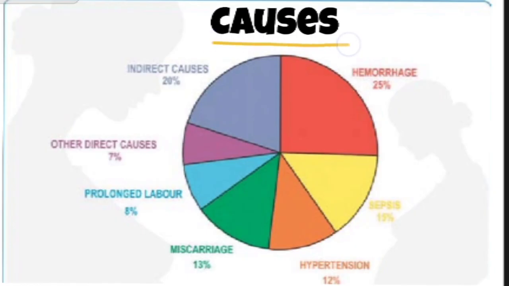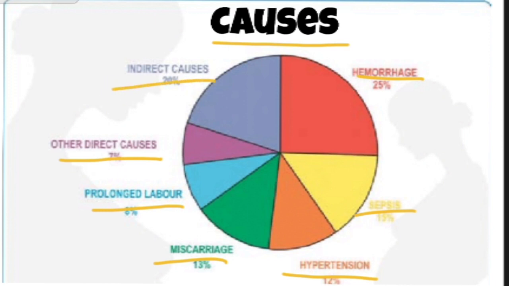Causes of MMR: hemorrhage, sepsis, that is infection in the blood, and underlying disease conditions like hypertension, diabetes mellitus, thyroidism, miscarriages mostly above 3 months, prolonged labor, and then direct causes like consuming overdose drugs, and indirect causes, the environmental causes and the external causes. These are the causes by which MMR is caused.